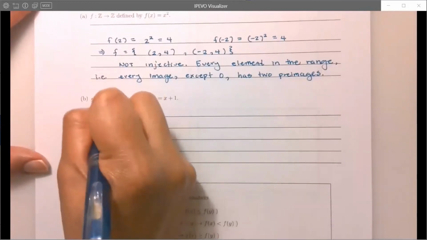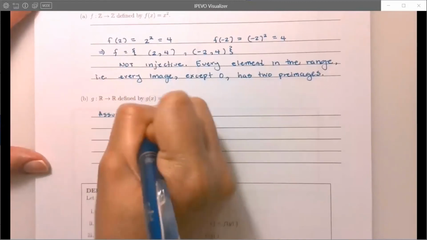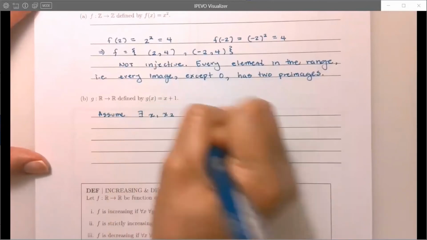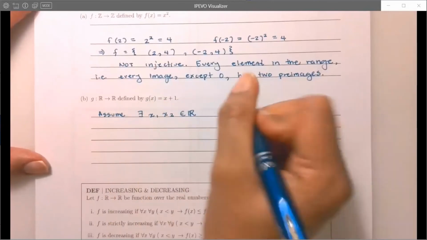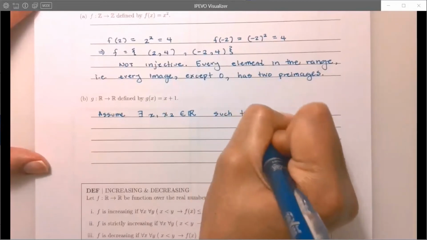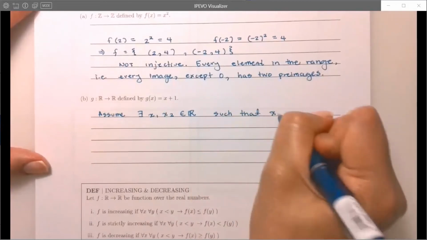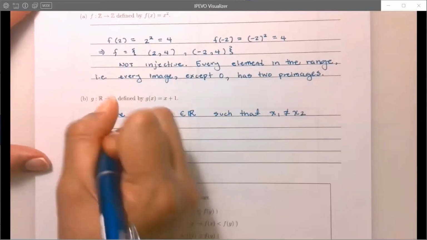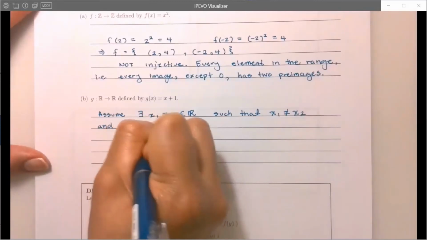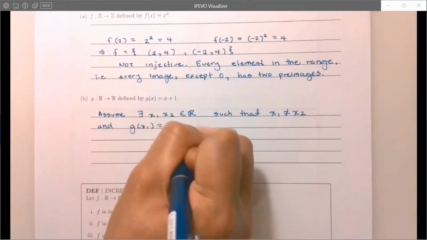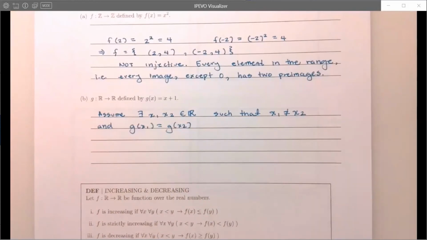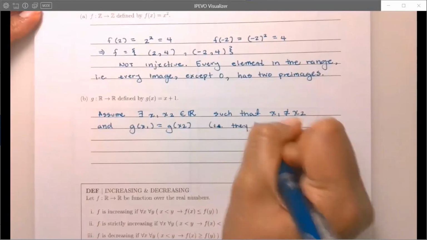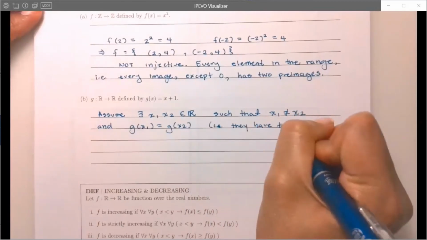And so assume that there exist two input values, I'll call them x1 and x2, that are real numbers, such that x1 and x2 are not equal to each other, so they are distinct, and g of x1 is equal to g of x2. I mean, they have the same output, i.e., they have the same image.